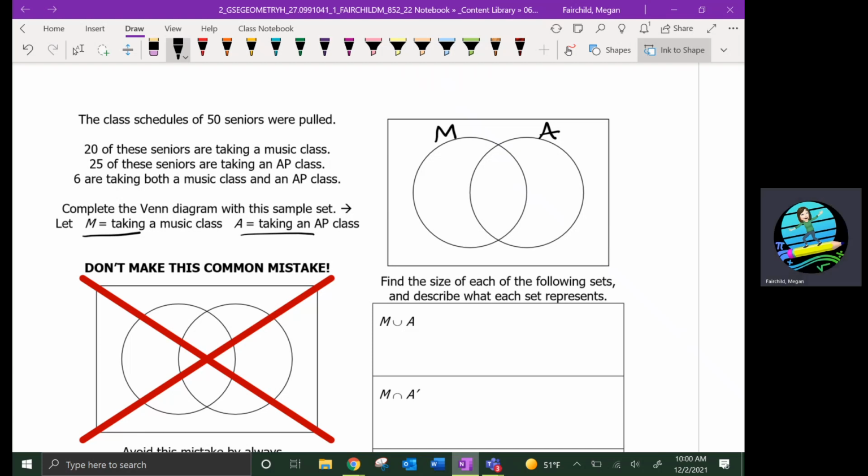Lindsay, did you already do it? This is the first one. You add that up. Make sure it's 50. It's not.